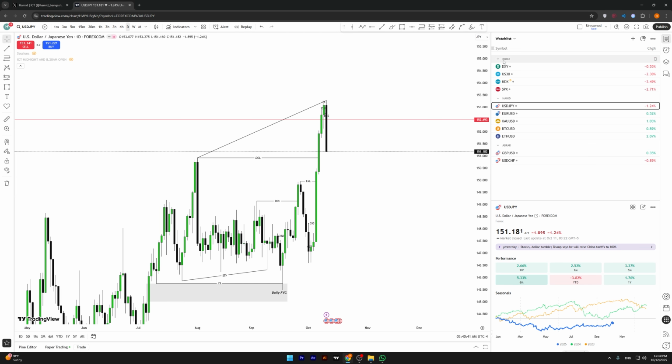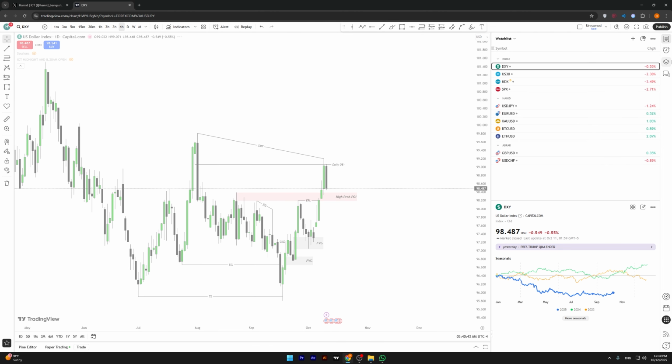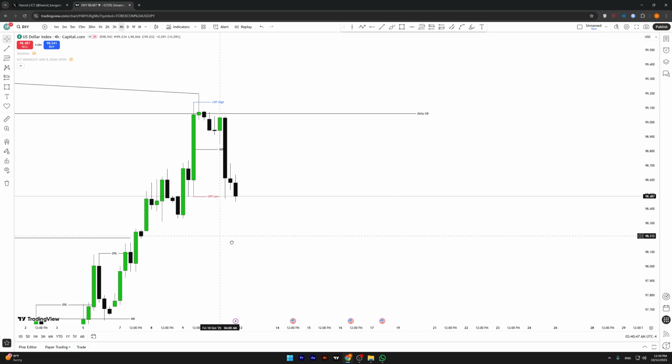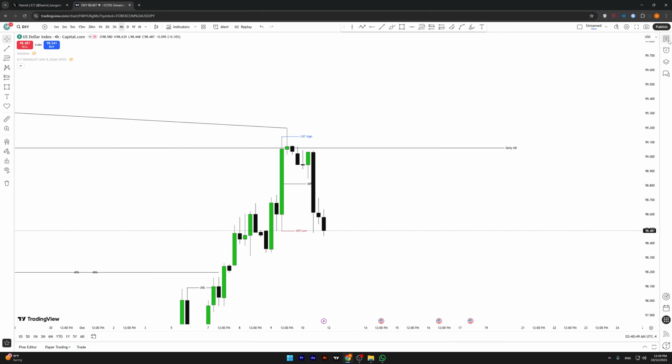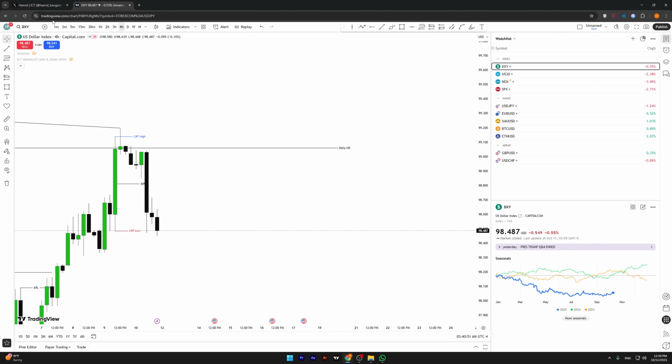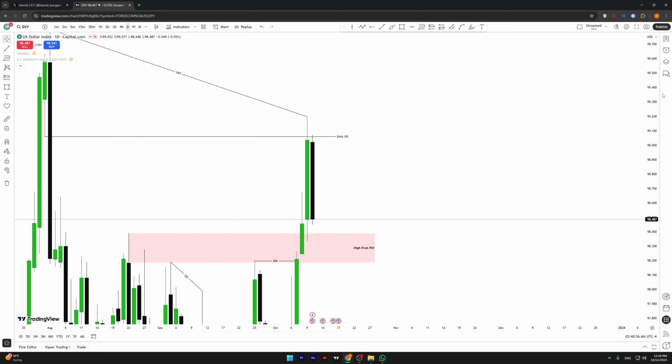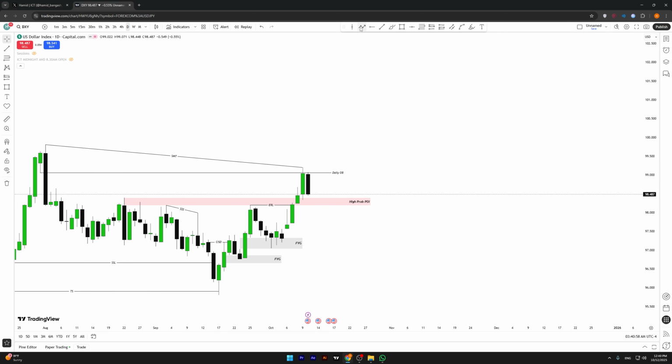And now let's look at the DXY for our chart. Another confirmation was, if you know the candle range theory, or open low high close, OLHC, open high low close.